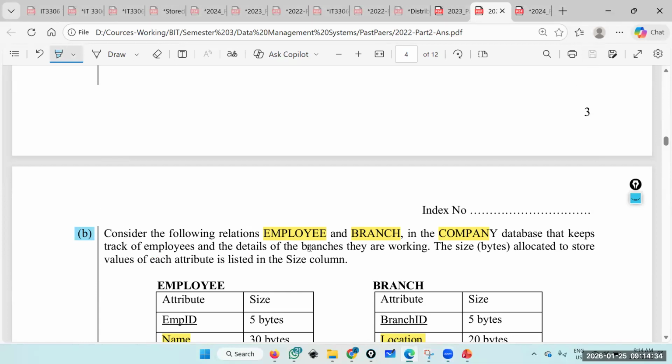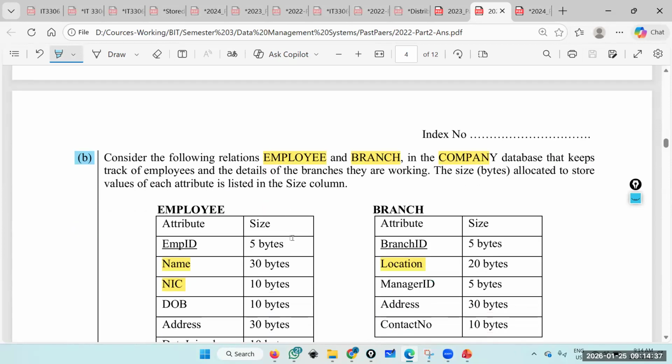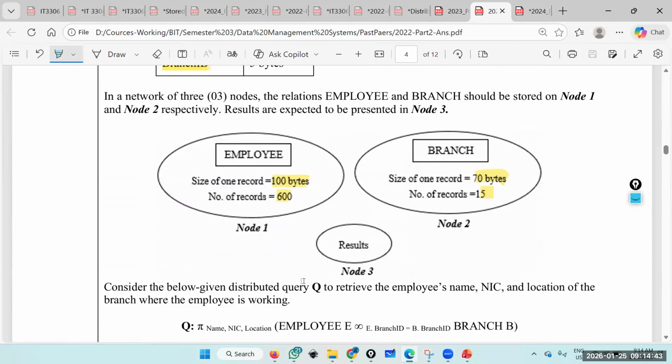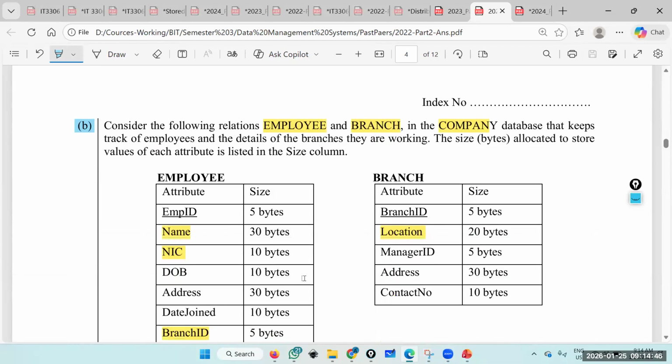Consider the following relations: employee, branch, and company. Where is company? Okay, company they have not given. Sorry, in the company database, only two tables, right? Employee and branch in the company database. So two tables that keep track of employees and the details of the branches they are working in, right? The size in bytes allocated to store values of each attribute is listed in the size column, right?